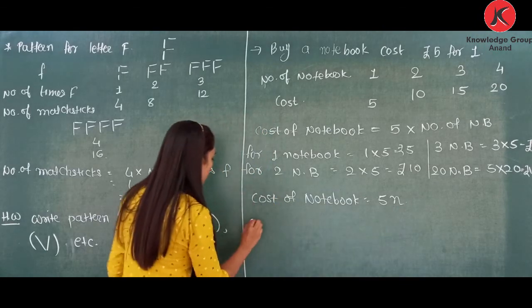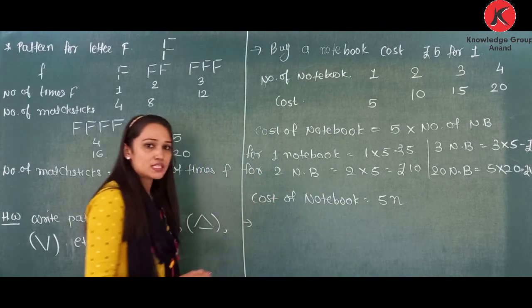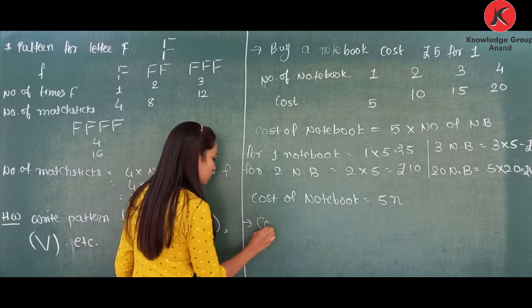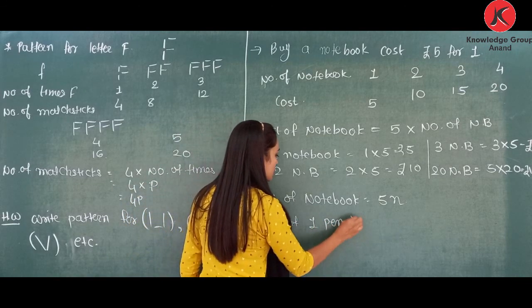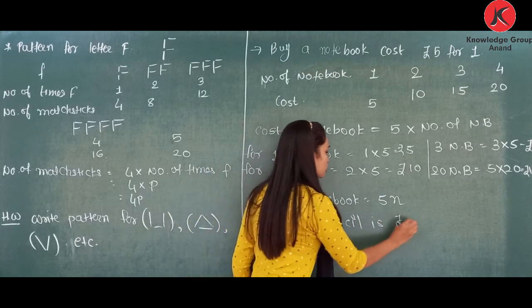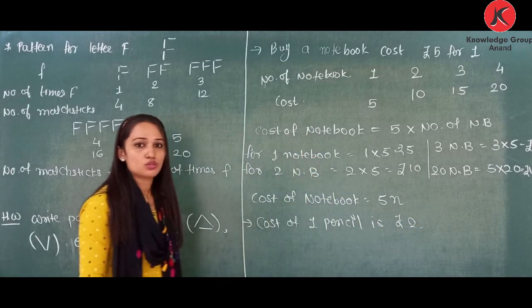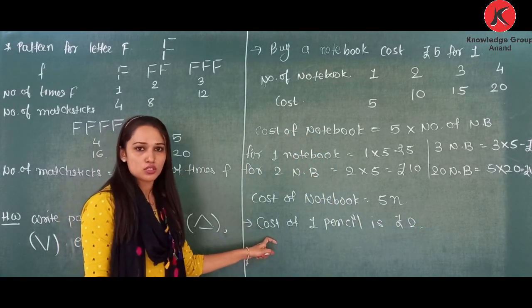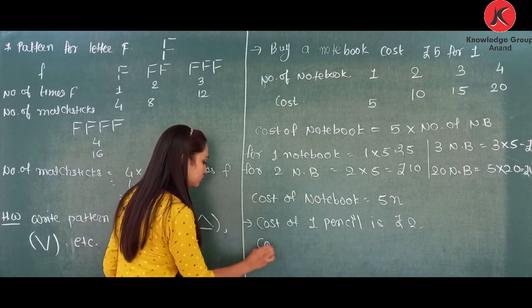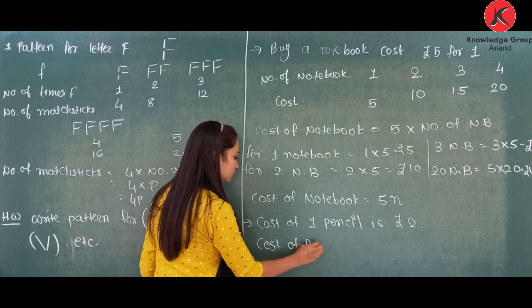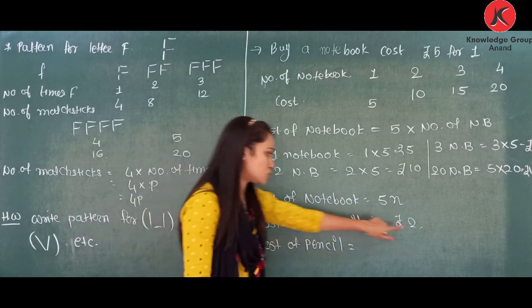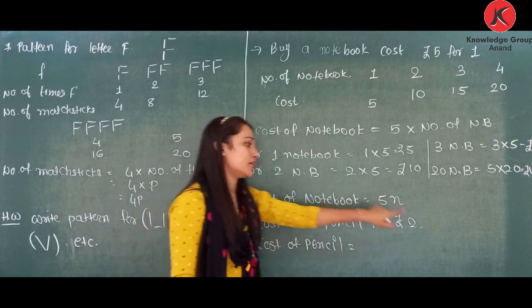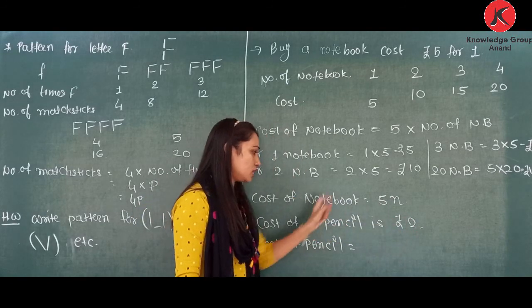You can find it if we take the same pencil example. The cost of one pencil is 2 rupees. So how can we write the rule for the cost of pencils? If the cost for one pencil is 2 rupees, the cost for 2 will be 4, and the cost for 3 will be 6.